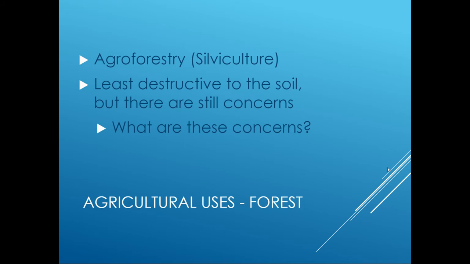One of the concerns is when it's time to harvest the timber in the area, the logging equipment can cause damage to the soil, but that is once every 10 to 20 years, if not longer in some situations. So there are concerns with how those pieces of machinery are used, but the soil is relatively undisturbed for the most part during the process of growing forest, not harvesting.